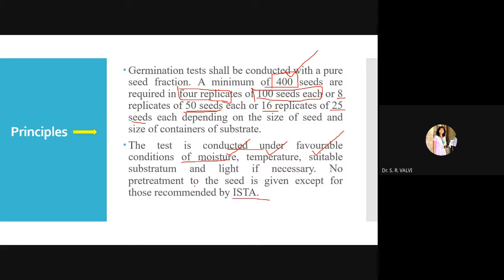No pre-treatment is given to the seed except for those recommended by ISTA. ISTA has defined some rules for pre-treatment of particular seeds, so only those seeds are given the pre-treatment. The rest of the seeds we germinate with a normal water treatment.